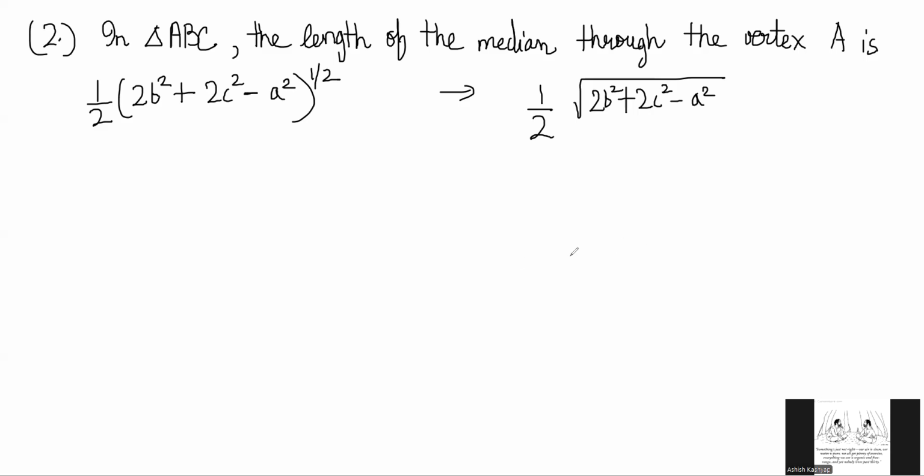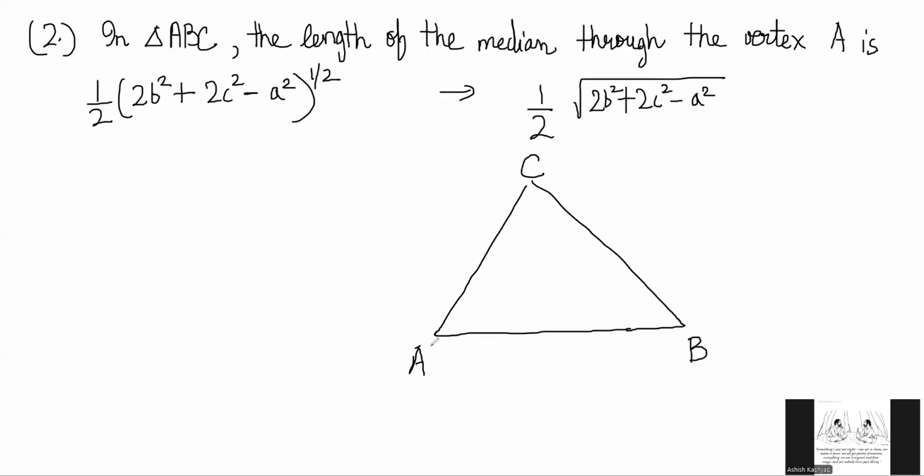So let's say we have a triangle like this. This is my vertex A, this is my vertex B, and this is my vertex C. And let's pick A as the origin. So this is 0, 0. And position vector of B can be given as, let's say this is alpha vector.